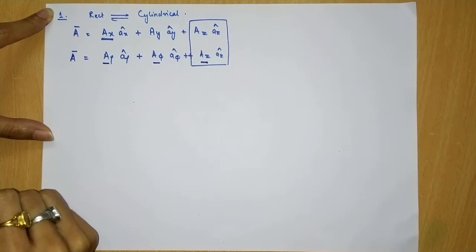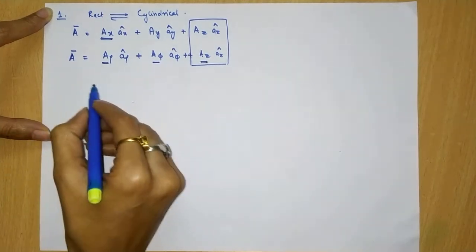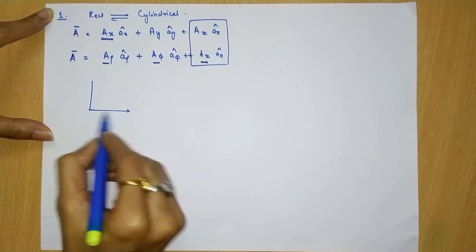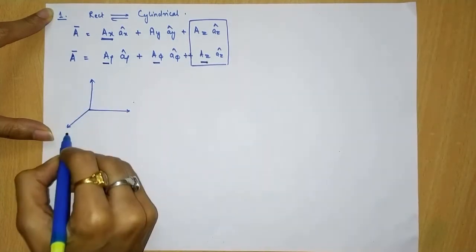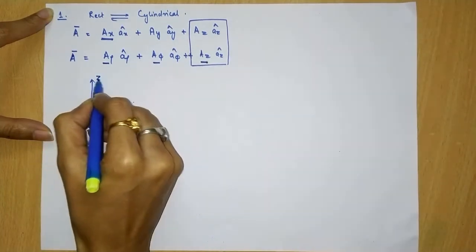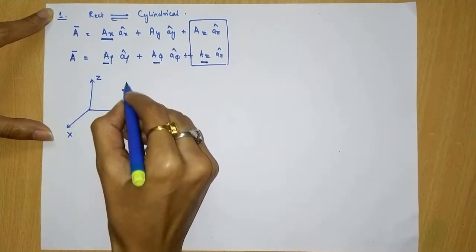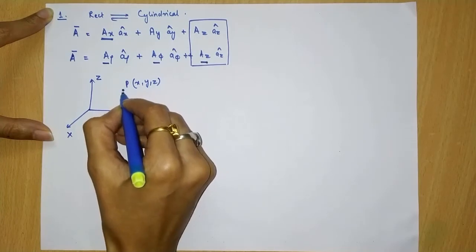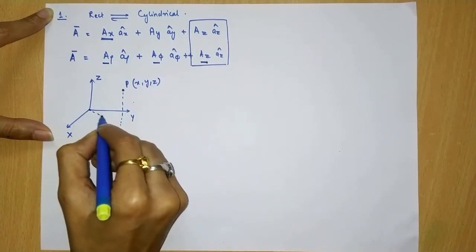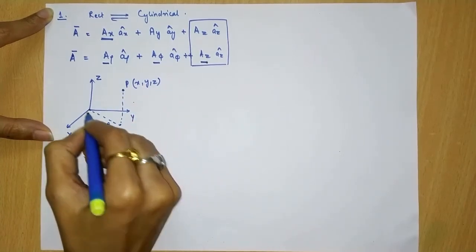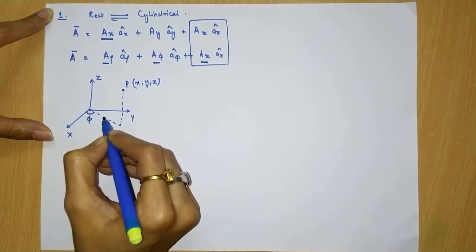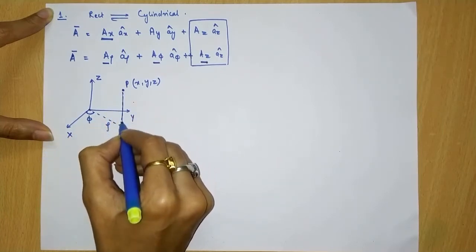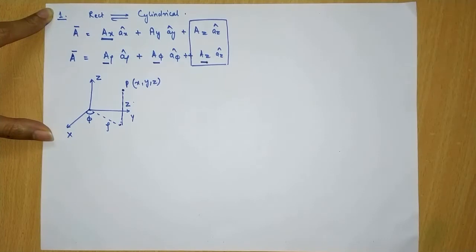Now, if we see a point in XYZ plane, this is XYZ plane, we see any point P, x, y, z, the projection in XY plane, say rho, this is making angle phi with x-axis, this is the height of the point z.